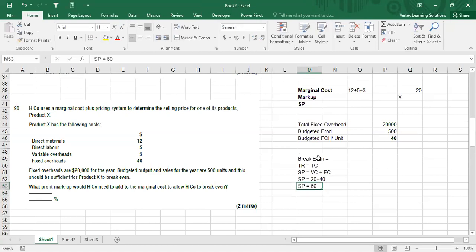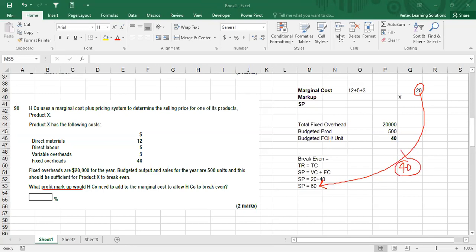Now, if you are putting sales price 60, what percentage? The question said, what profit markup would be. So how much are you charging? You have a variable cost of 20 and you are selling the product for 60. So the remaining $40 is what you must add as a markup.